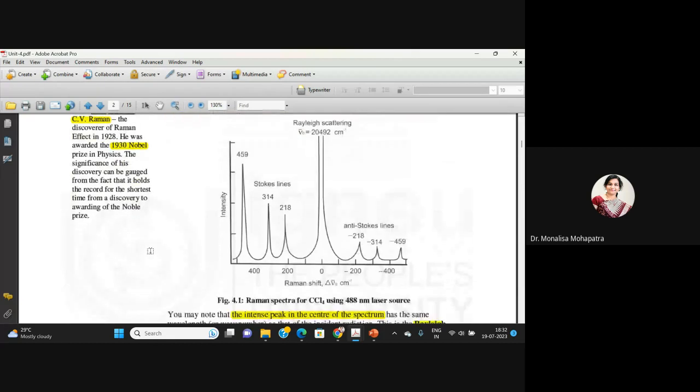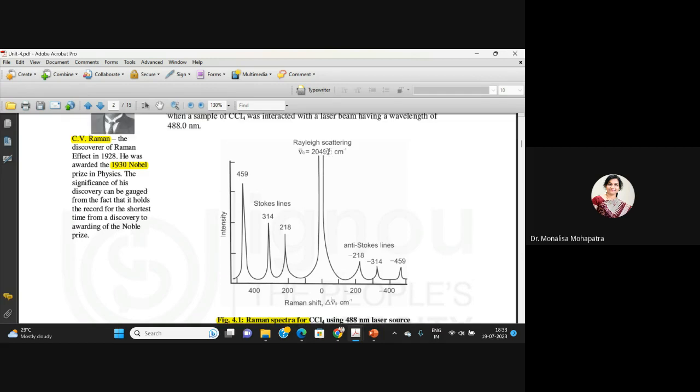So here you see the intensity versus Raman shift. It has been mentioned in centimeter inverse also for a better resolution. However, it is in terms of intensity, because it is scattered light, and you will get higher intensity over there, but you are putting more energy, a laser source, to it.